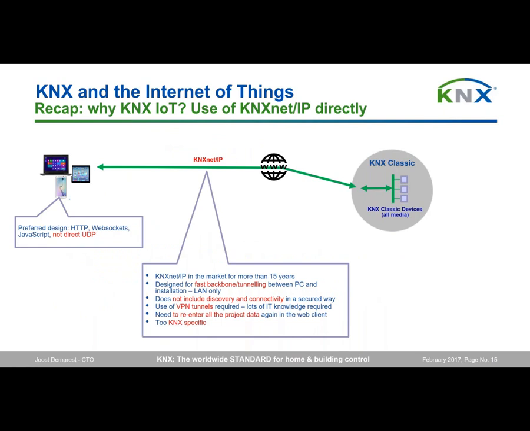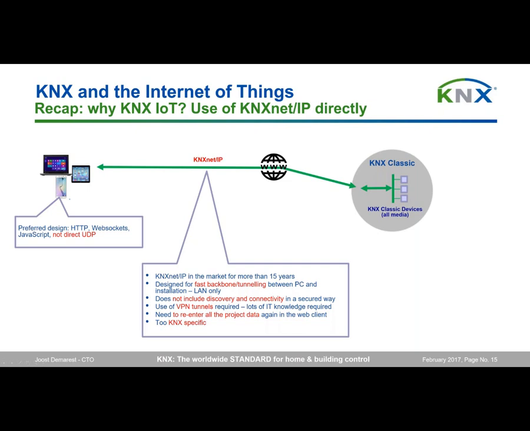So today there are existing solutions that allow you to connect a KNX Classic installation to the internet. This solution is called KNX Net IP. It has already been on the market for more than 15 years, but it actually was not designed to connect a classic installation to the internet.